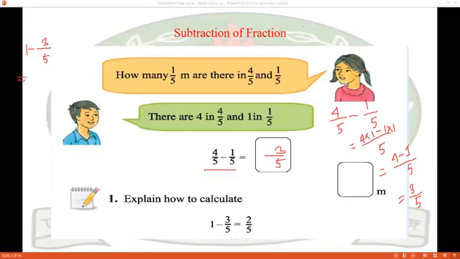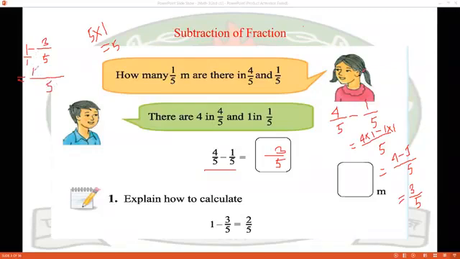This is the revision class, so you already know that when there is no denominator, you have to put the denominator as 1. So 1 and 5. So the common denominator will be 5 into 1, so it will be 5. When you divide 5 by 1, you get 5.